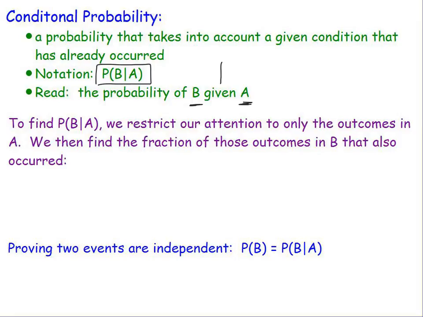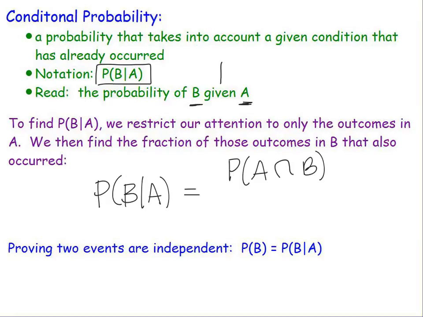So there's a formula for finding conditional probabilities. The probability of B given A is the probability of A and, if you remember that U from before, probability of A and B divided by the probability of A.